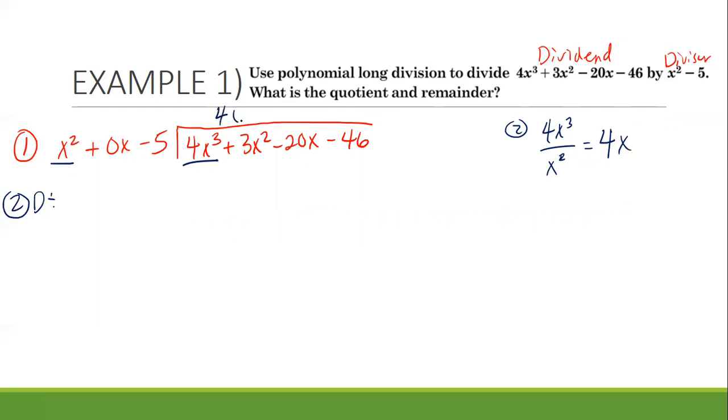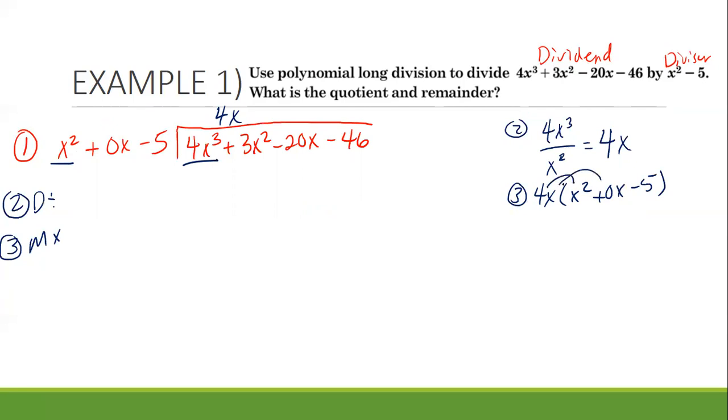So you take that result and it's the first thing that goes in your quotient line. Okay. Step three is to multiply. So you're going to multiply that 4x by your divisor. So we're going to have 4x times x squared plus 0x minus 5.